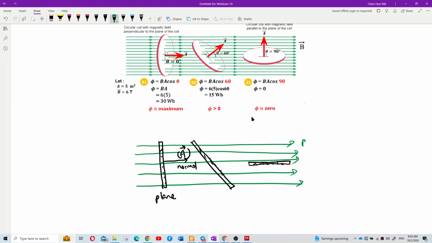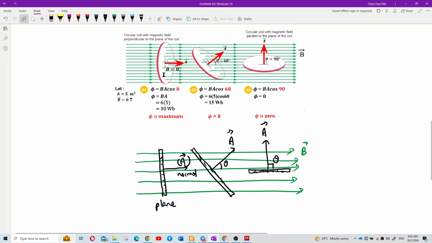Okay, magnetic field. This is the direction of the area, normal, and this is the angle theta. This theta is 90 degrees. Do you understand, class?